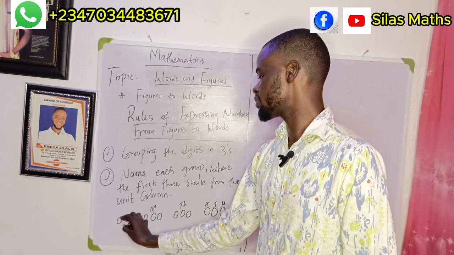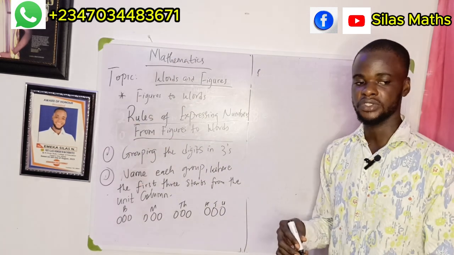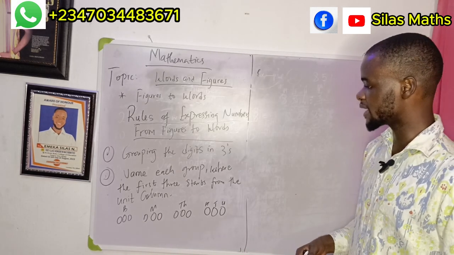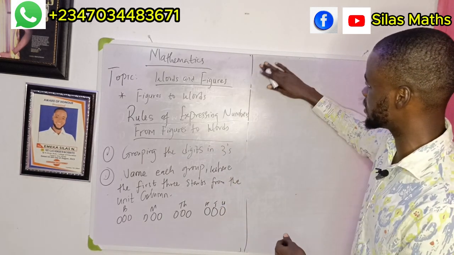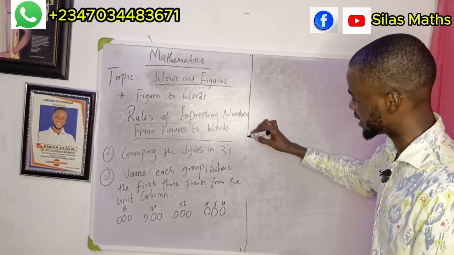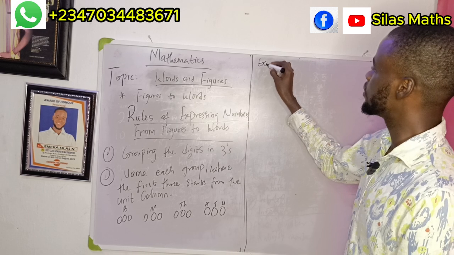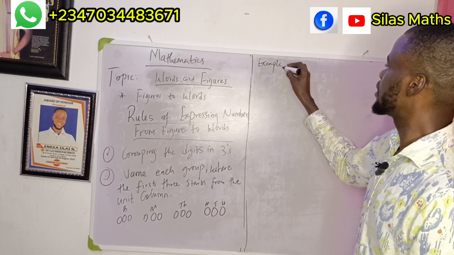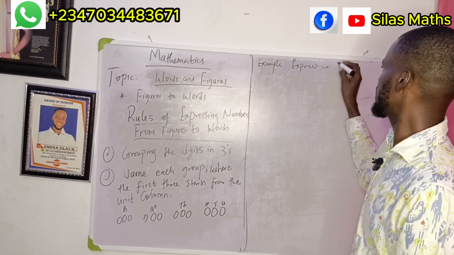The next is the billion group, the trillion, the quadrillion, and the rest of them. It's going to be very easy. So let's quickly jump into examples so that we get a better understanding. Let's take, for example, express in words.